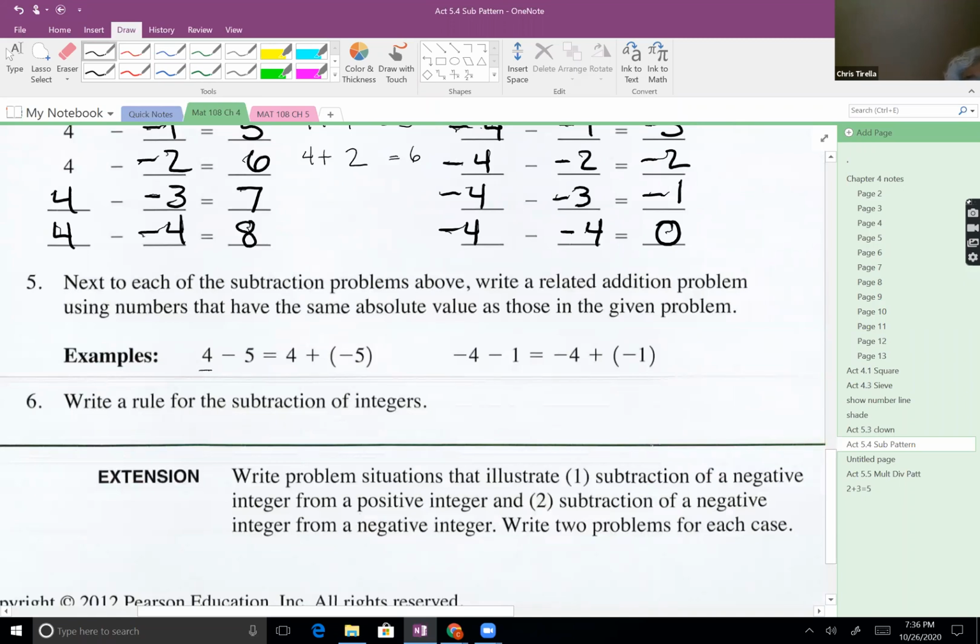We keep the first one the same. The subtraction becomes addition.